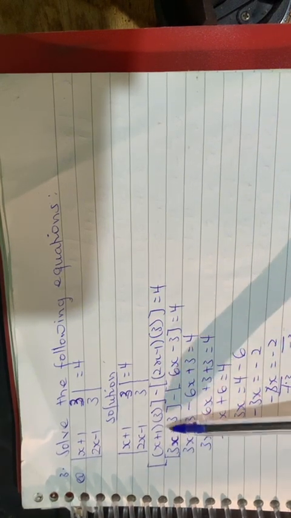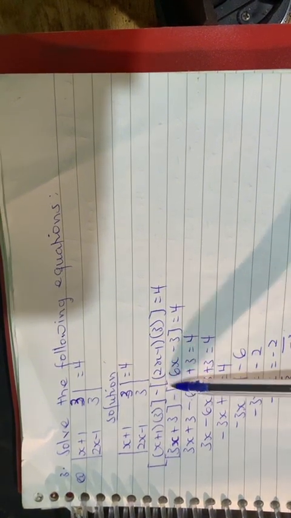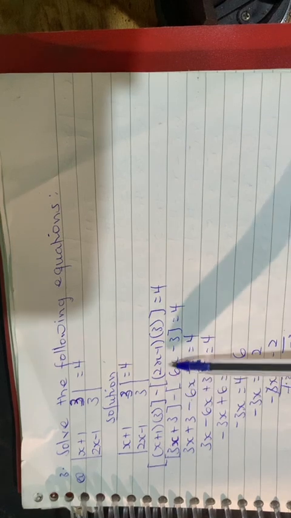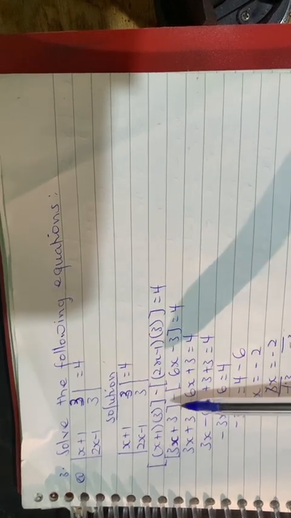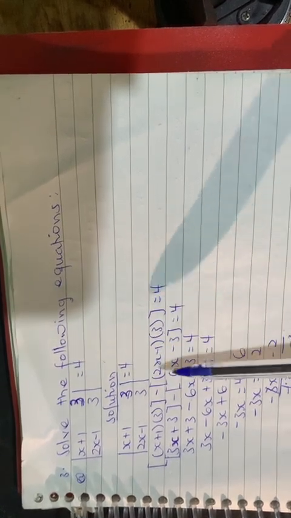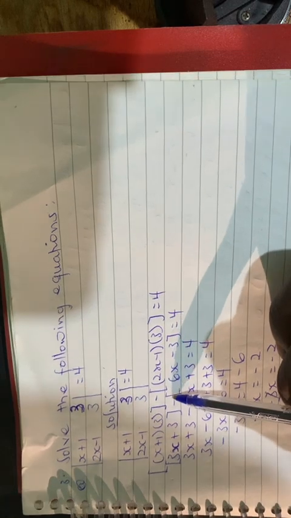Okay. Now let's expand the bracket. We have 3x plus 3. Now here, pay attention. There's a negative here. There's negative 1 here. So if you want to expand this bracket, negative 1 times 6x is what? Negative 6x. Negative 1 times negative 3 will give positive 3. Please pay attention. Most students make mistakes here. So in front of the bracket, there's always a coefficient of negative 1 here.